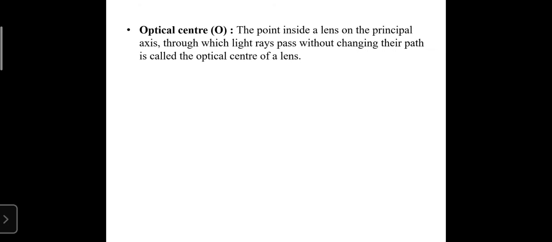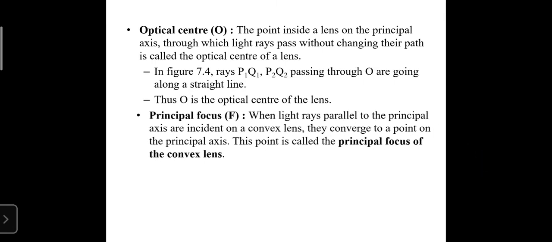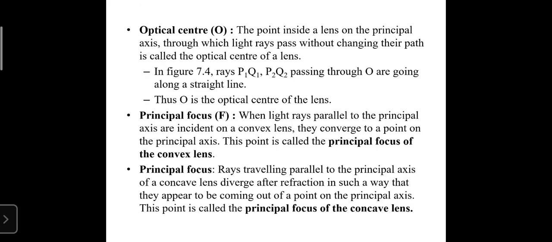Next, the optical center, that is capital O: the point inside the lens on the principal axis through which light rays pass without changing their path is called the optical center of the lens. In figure 7.4, the rays P1Q1 and P2Q2 passing through O are going along a straight line.